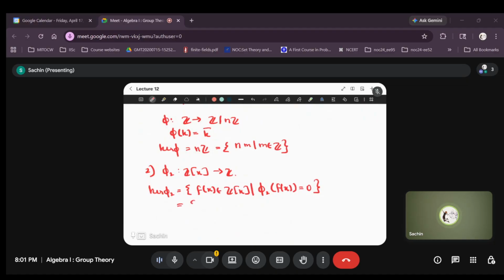But what is phi 2 of f of x? Simply the substitution map, right? f of 2. So f of 2 is 0 means 2 is a root of the polynomial.